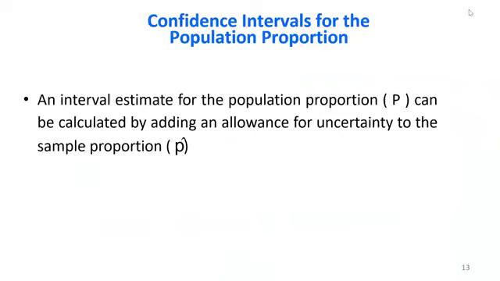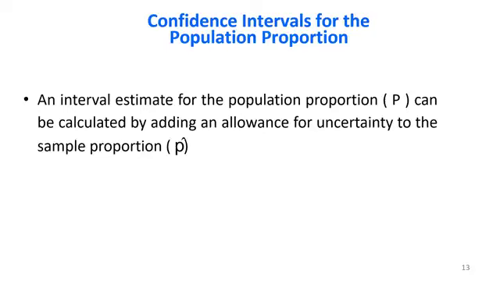So that is about finding the confidence interval for the population mean. Now the next point is the confidence interval for the population proportion. So what is this population proportion? Mean we understood: if we have to comment on a quantitative variable, then it has to be in a numeric format, continuous.